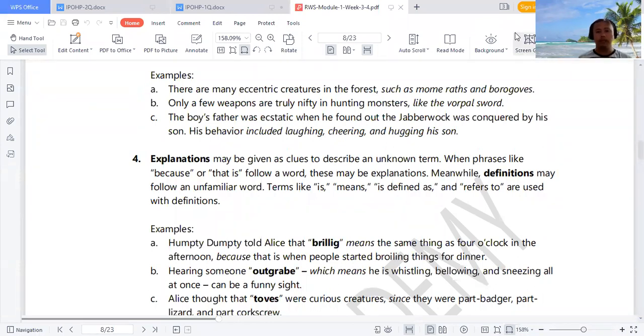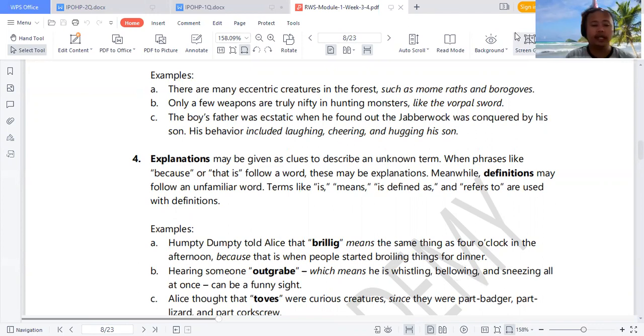Okay, so let me repeat. Explanations may be given as clues to describe an unknown term when phrases like because or that is follow a word. This may be an explanation. Meanwhile, definitions may follow an unfamiliar word. Terms like is, means, is defined as, and refers to are used with definitions.